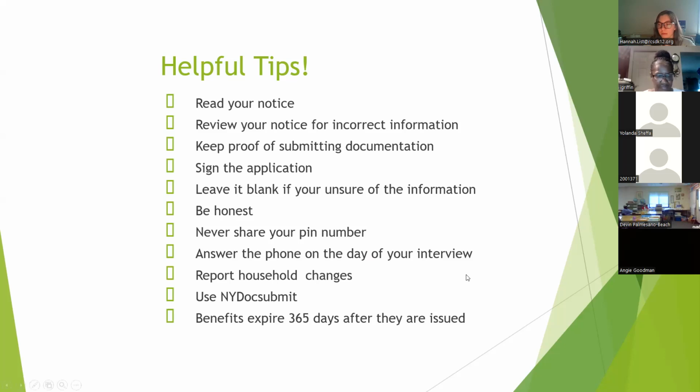One is to recertify, and one is called the change report form and a periodic report form. DHS will determine when you get those notices, and you have a certain amount of time to turn those back in. If you don't, your case closes and you have to start all over again. Gotcha. So that seems pretty important.